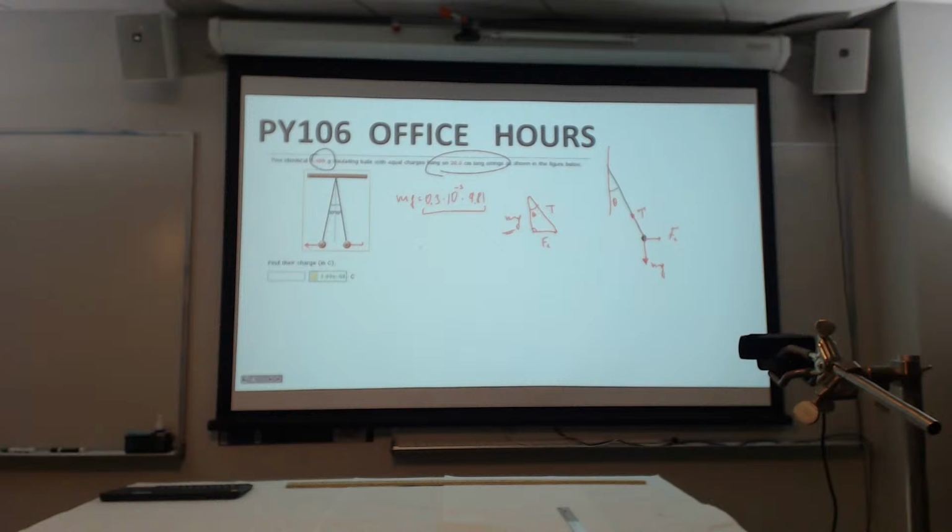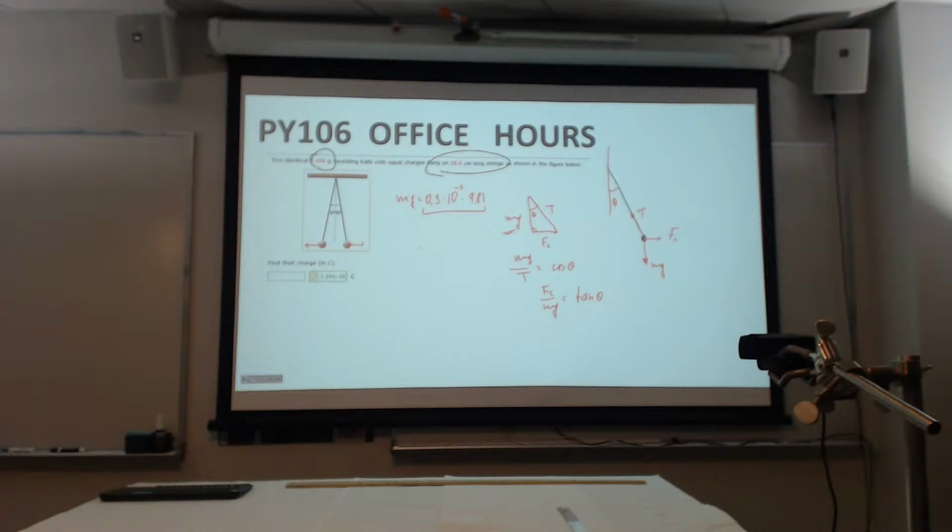For example, mg over tension should be equal to cosine of this angle, and FC over mg should be equal to tangent of this angle. Technically, we don't need tension. We could have, it's just not now.